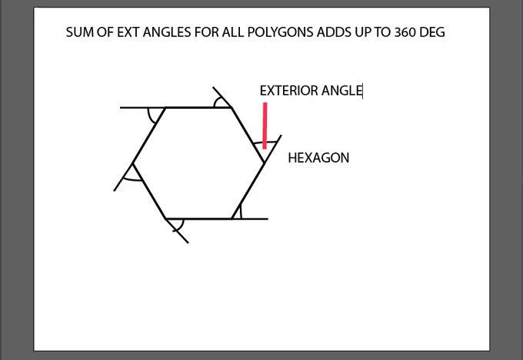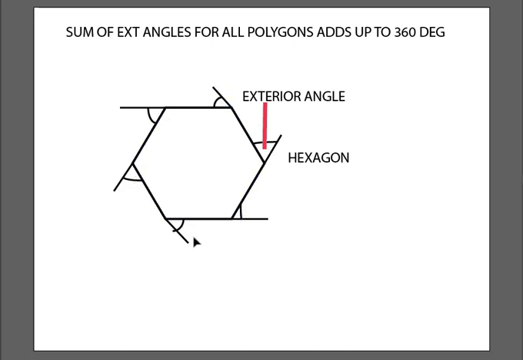Now principle suggests that the sum of exterior angles adds up to 360 degrees. So if we add that exterior angle that I've labeled and the other remaining exterior angles, we will get 360 degrees. If we count, we've got 1, 2, 3, 4, 5, 6.